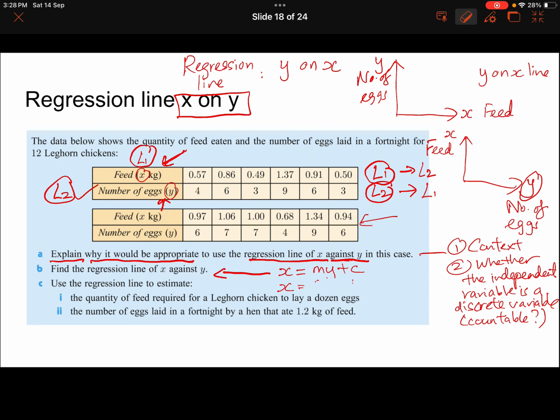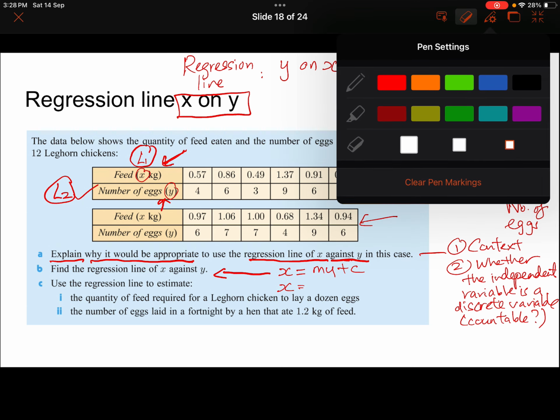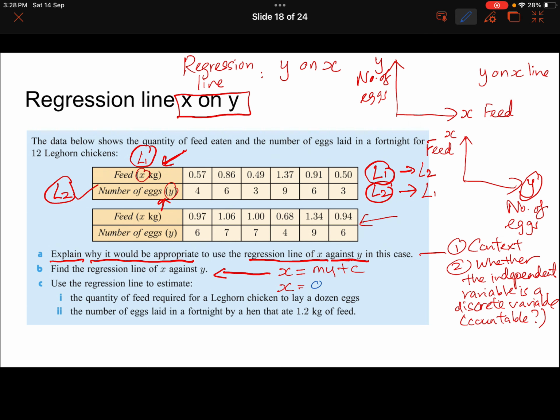Let's erase this one. Okay, so this should be written as, I'm going to use a different color, x equals 0.142y plus 0.0603. There we go. So this is what we call the regression line of x against y.